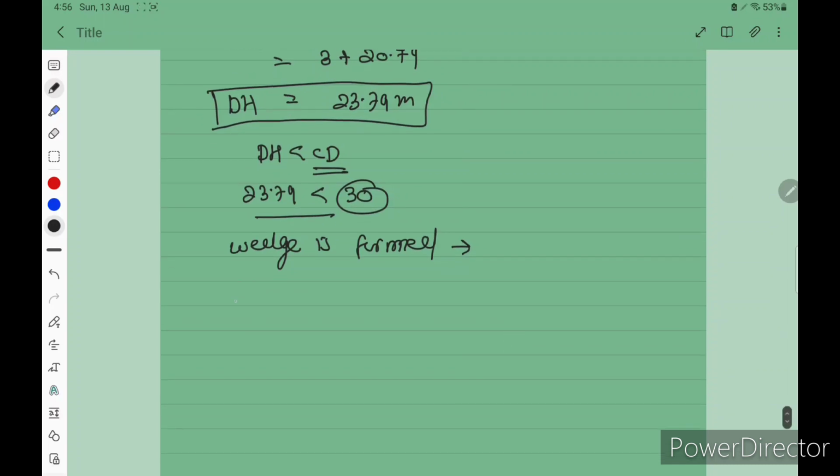So we have to calculate the triangle. Before calculating, we need the base and height. We already have DH, which is the base. We calculate the height, which is called GD. GD is equal to DH into trim by LBP.